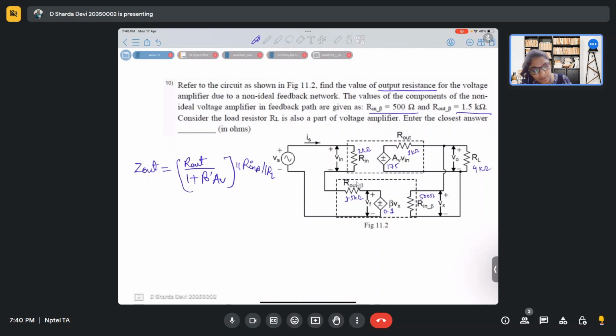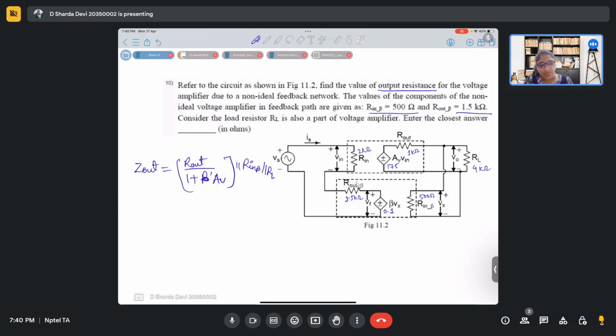So R_out by 1 plus beta A_V is the same, that R_out will reduce, and it will come in parallel to R_L and R_in beta, which we can also observe. The only thing that is changing is the factor of beta. Either beta will change because of this non-ideality of R_out and R_in, or gain will change because of non-idealities.